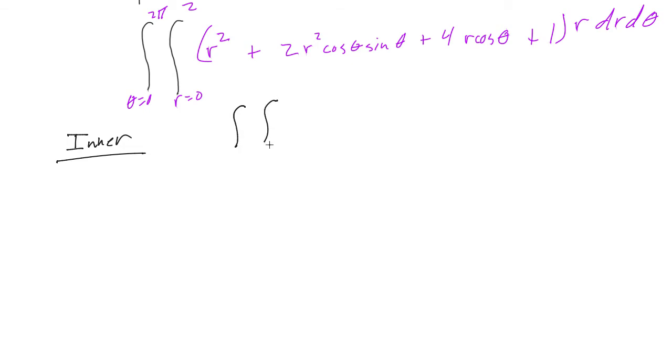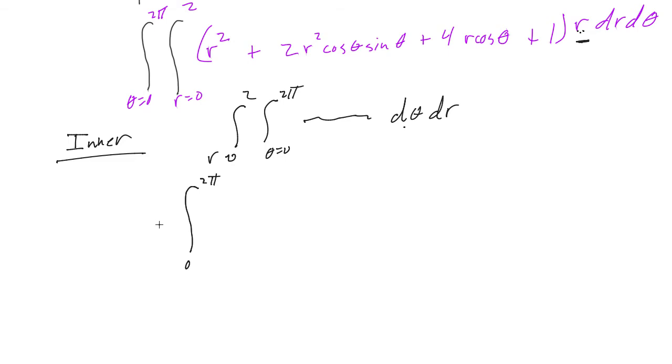I'm actually going to do theta from 0 to 2 pi, and then r from 0 to 2, so I'm changing this to d theta dr. One reason I changed that, and I think the book does a similar problem and leaves it, is that because I'm doing d theta first, this r right there is a constant.